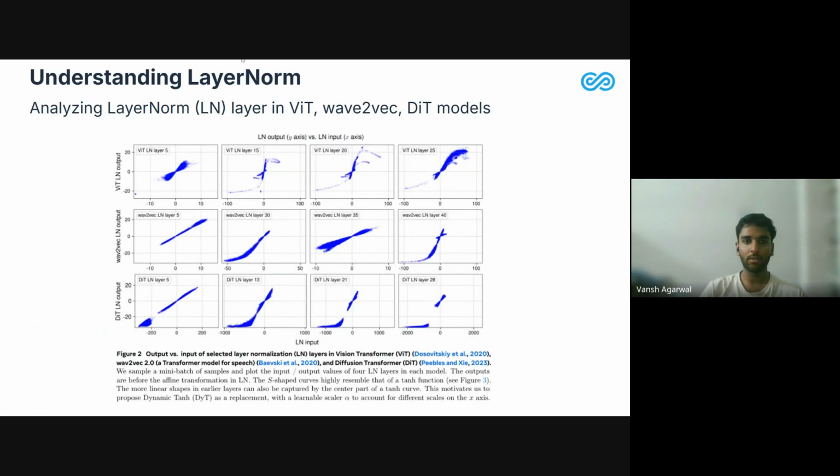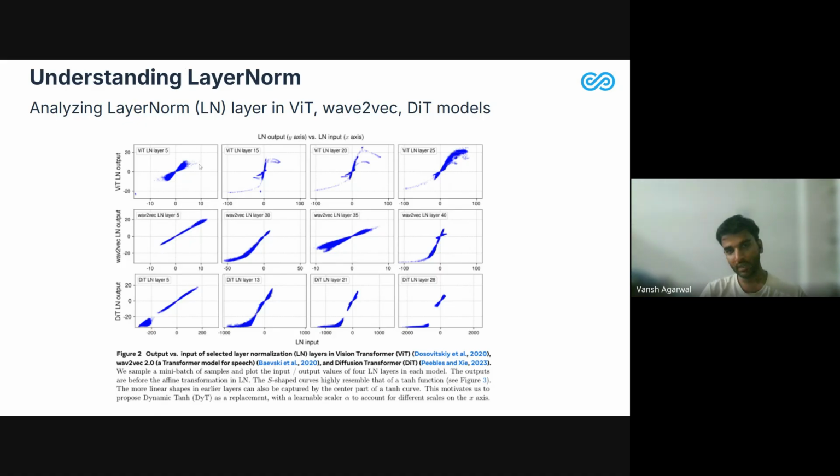So then we can move on to exactly understanding how the input-output relations work. First they try it out on a ViT, a vision transformer, wav2vec model, which is for audio processing, and then you have DiT models, which is the new diffusion transformer models, right? Here their main observation was that in the initial layers, as you can see in layer 5, it's primarily linear, which is what they were expecting, because if you look at normalization, it's just two linear transformations, one subtraction and then one division.